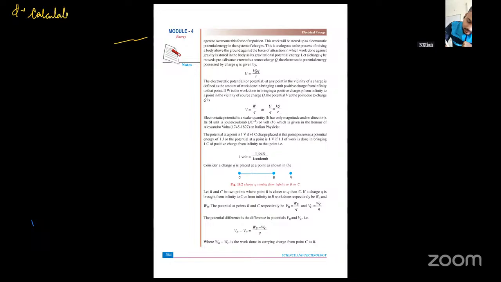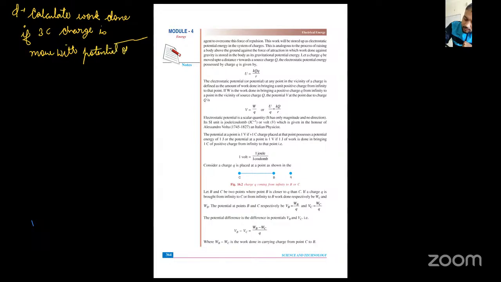Calculate the work done if 3 coulomb charge is moved with a potential of 24 volt. So how will you do this? Calculate the work done if 3 coulomb charge is moved with a potential of 24 volt.